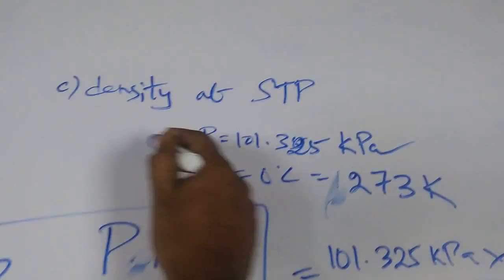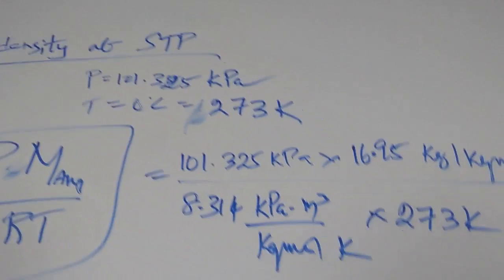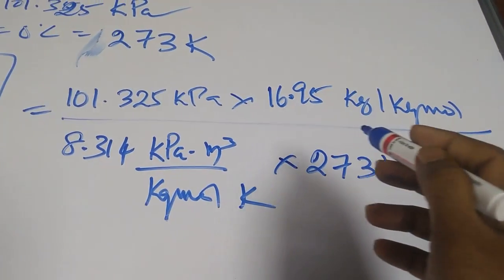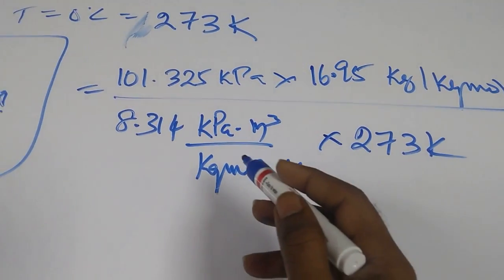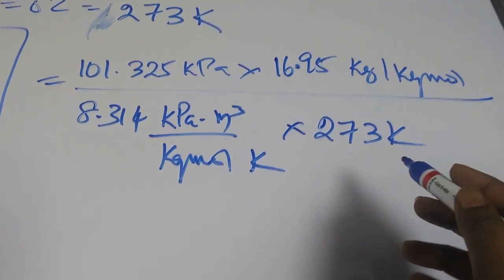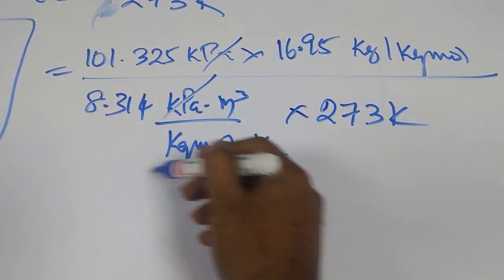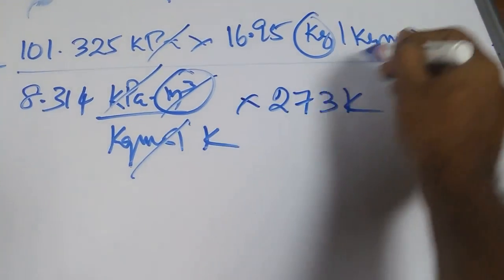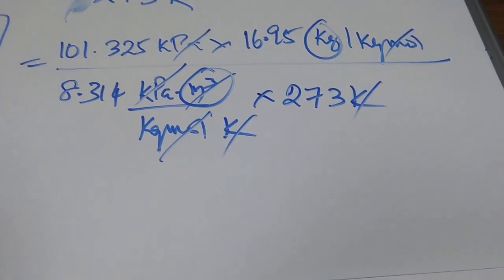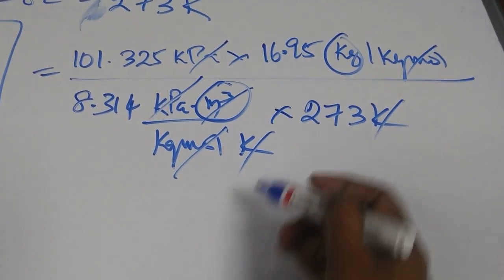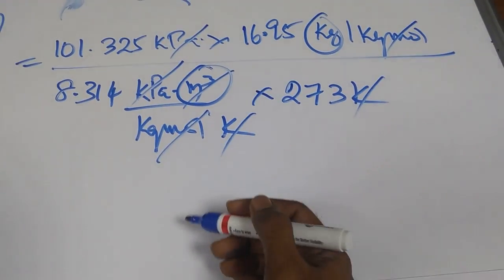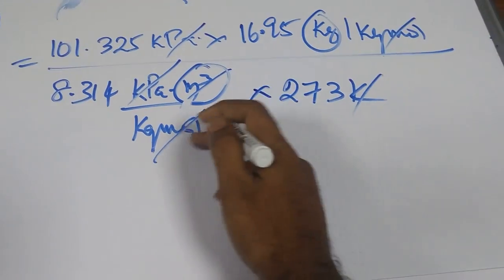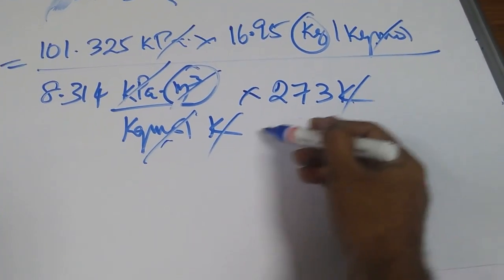So we are determining the density at standard conditions. 101.325 kilopascal into 16.95 divided by 8.314 into 273. You can see the unit tallies: kilopascal gets cancelled, kg mole gets cancelled, Kelvin gets cancelled.